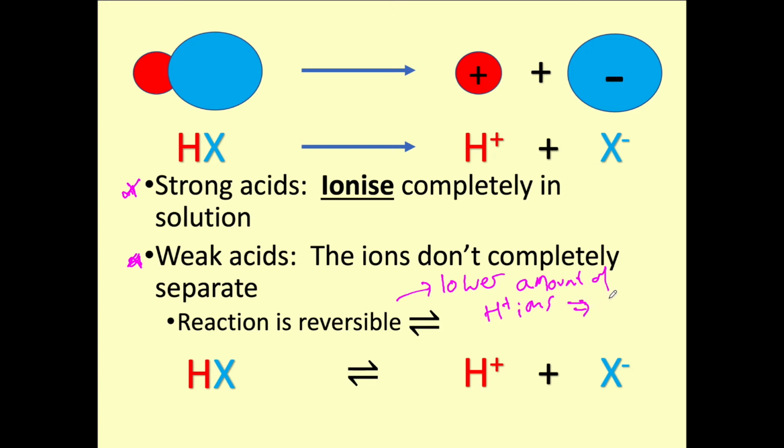And this means that it's going to have a higher pH, because a low concentration of H+ means a high pH. So pause the video whilst you make some notes on that.